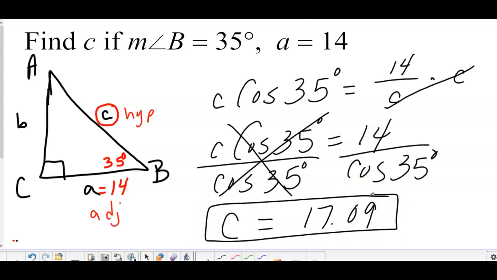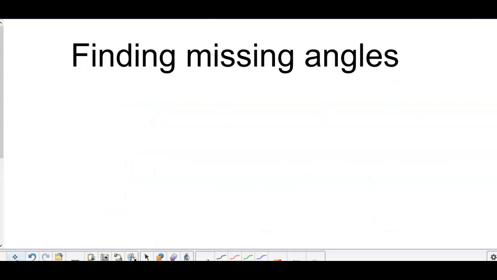So that's how you find missing sides. Now, finding missing angles. On your calculator, you're going to want to use the inverse trig functions because we want to undo our trig functions. We're going to be given a triangle, we'll be able to set up the ratio, but then we need to go back and find the angle.